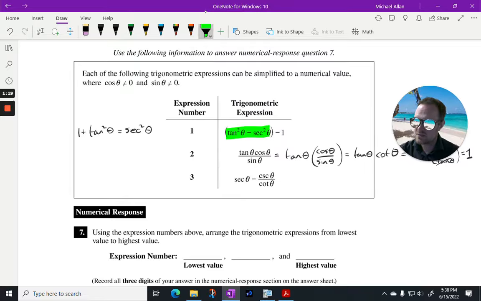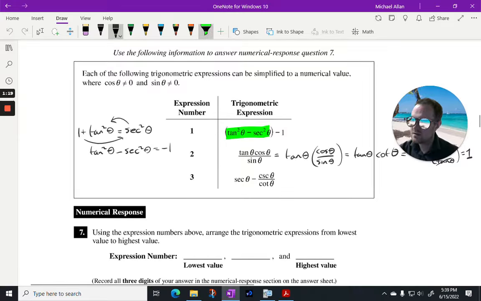If I subtract over, I get tan squared theta minus secant squared theta, and that's equal to negative 1. So this is equal to that.